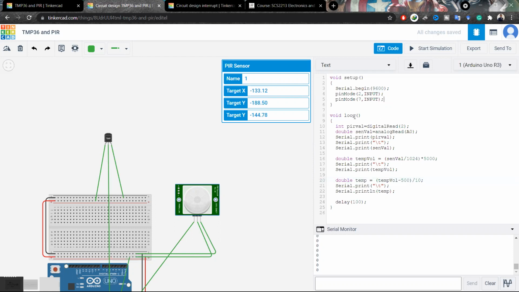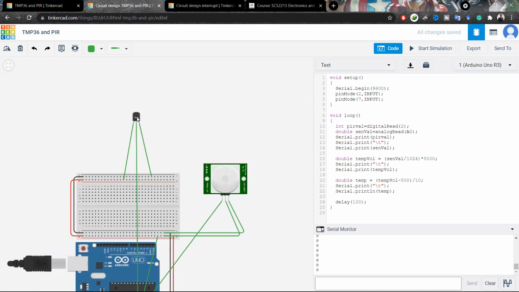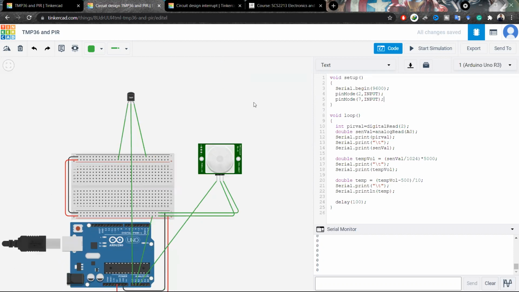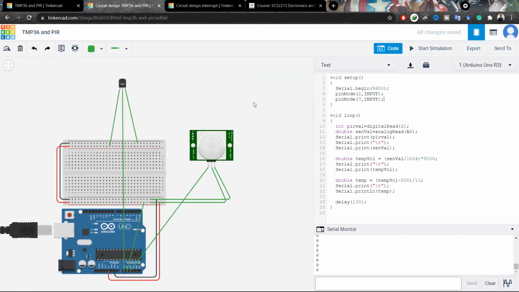Now I use my code in the lecture slide. I'm going to use this TMP sensor as well. The TMP sensor basically senses temperature differences. Inside, if there are changes in the temperature, that will be reflected as differences in the voltage.